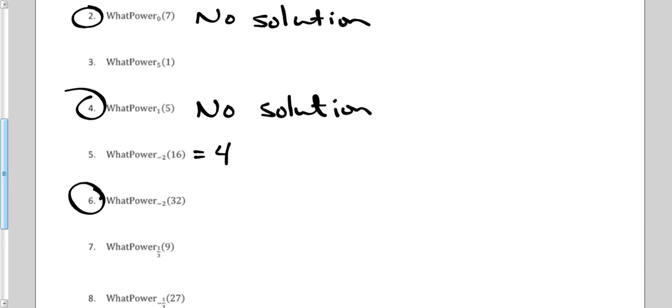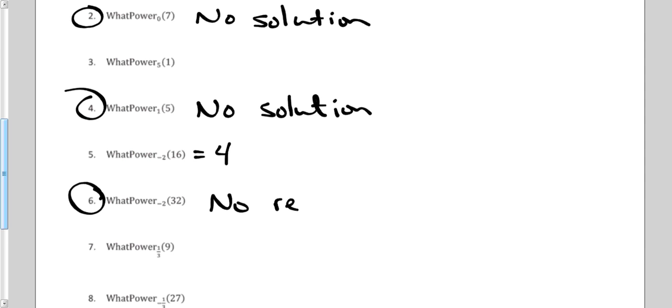We're at -8 times -2. +16. Very good. To the fifth power. -32, right? Negative. Is there a solution to this? No. No solution.